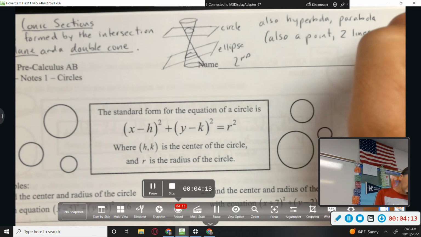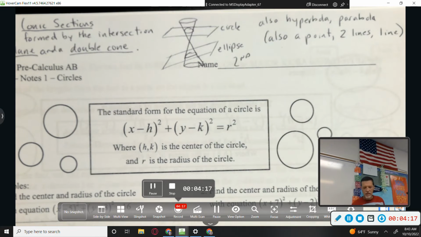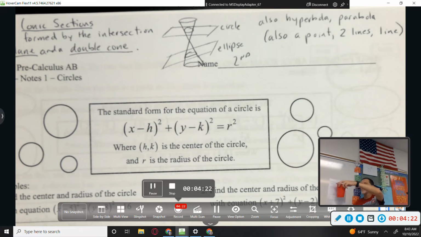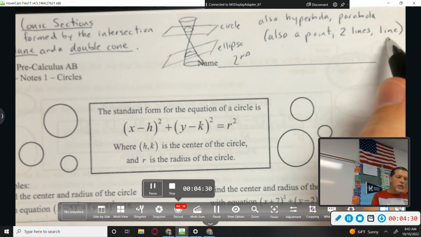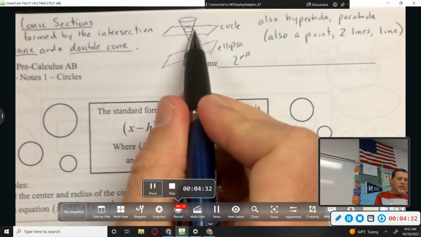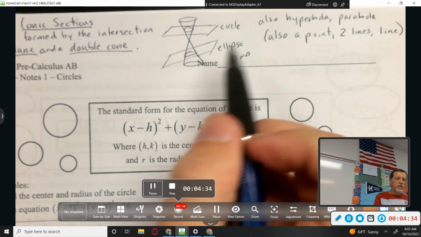And you can also get one line if the plane is tangent to the cone. It doesn't really intersect, it touches it along one line the whole way. We're not worried about the weird cases. We're going to look at the more normal cases: circle, ellipse, hyperbola.